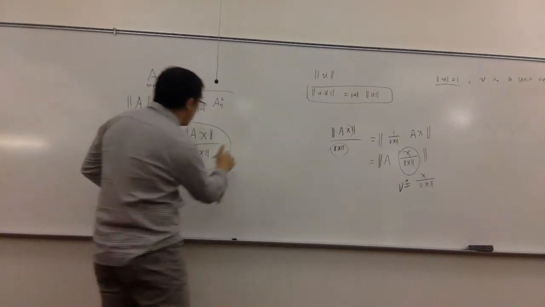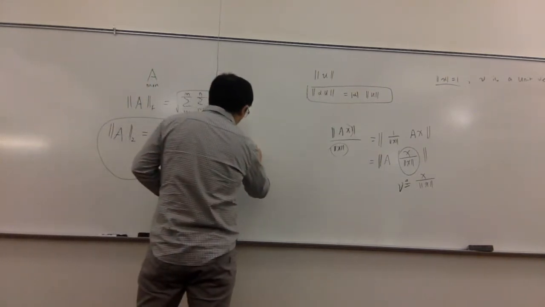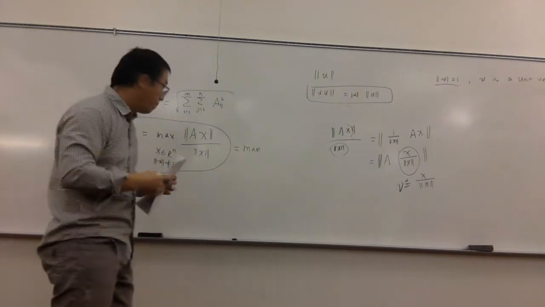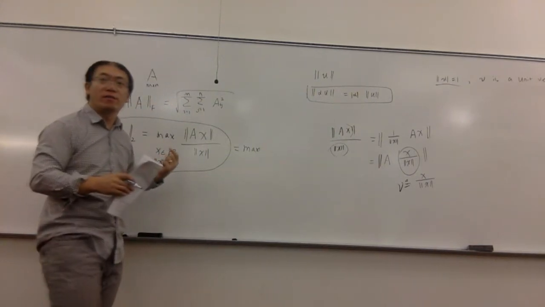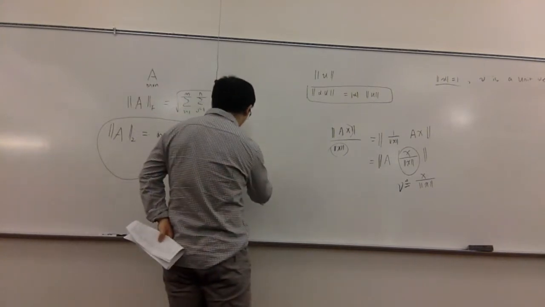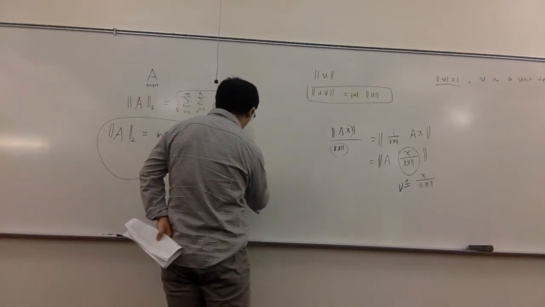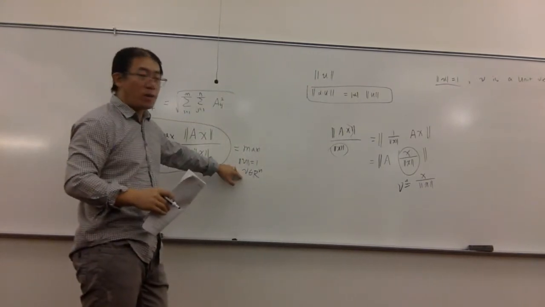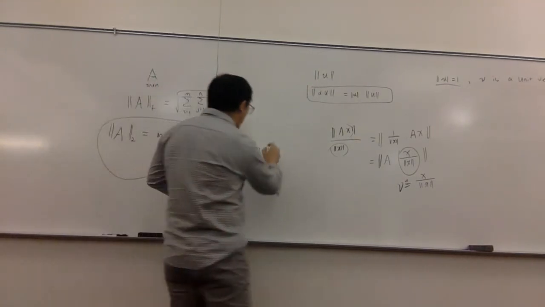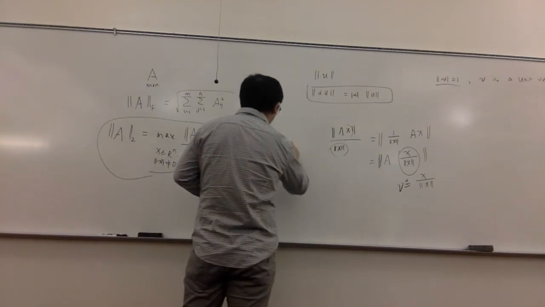So actually, this is equivalent to maximizing over all unit vectors in n-dimensional space. So it is equivalent to finding all the unit vectors in n-dimensional space. For each unit vector, we compute the norm of A times v.